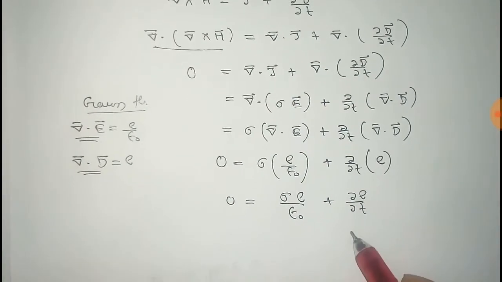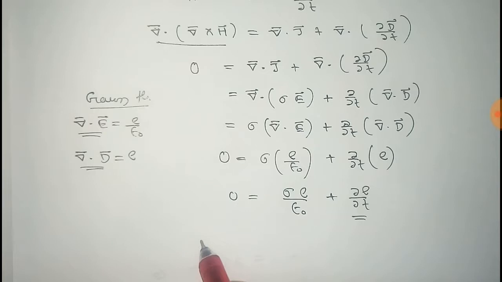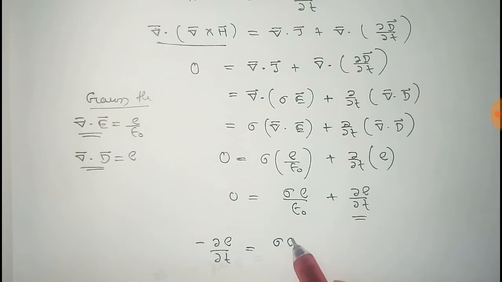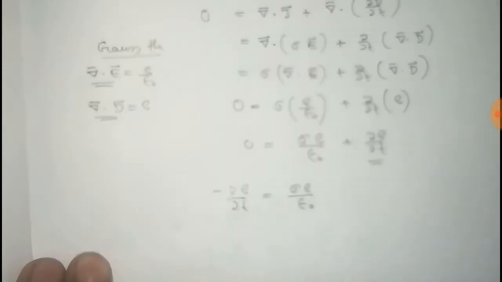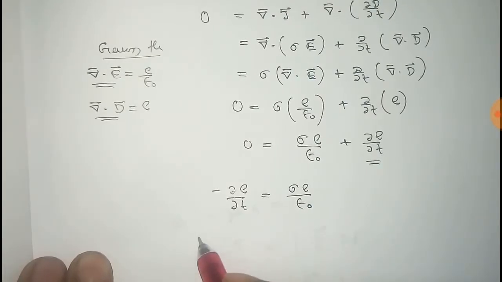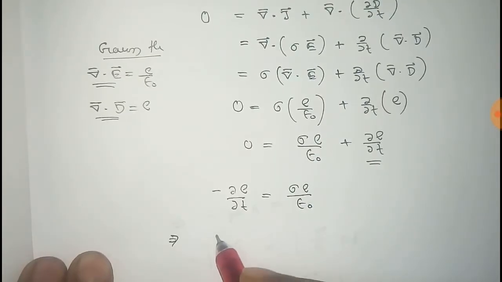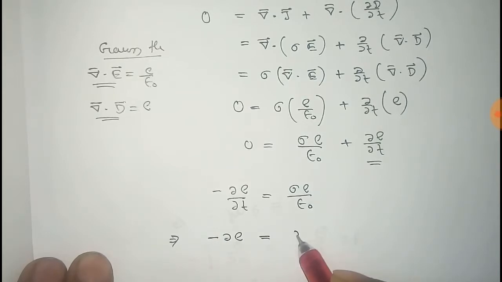Now we take the del rho by del t term to the left hand side, so del rho by del t equals minus sigma rho by epsilon naught, and we can write this as minus del rho equals sigma rho by epsilon naught into del t.